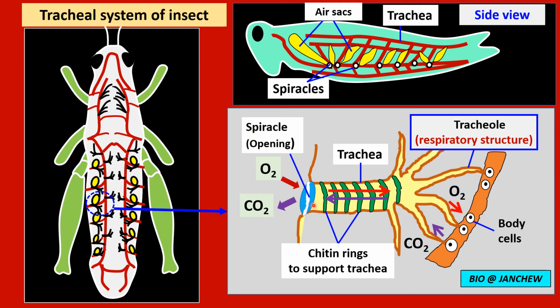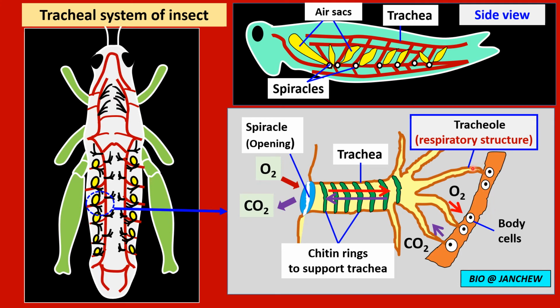So this is the spiracle, which allows air to move into the trachea, and then chitin rings help to support the trachea and prevent it from collapsing and keep the trachea open. So air will flow in from the atmosphere through the trachea and then to the tracheals, which are the respiratory structures.